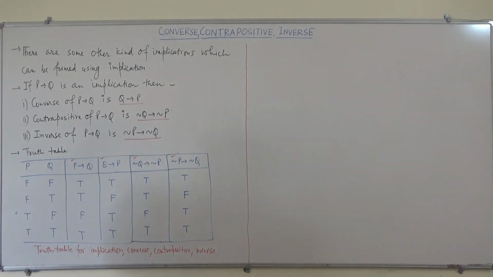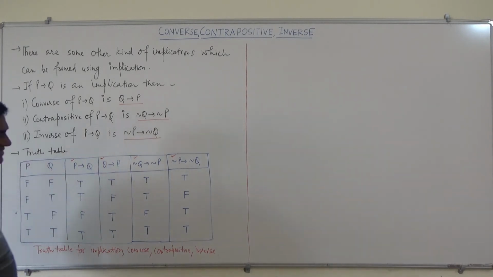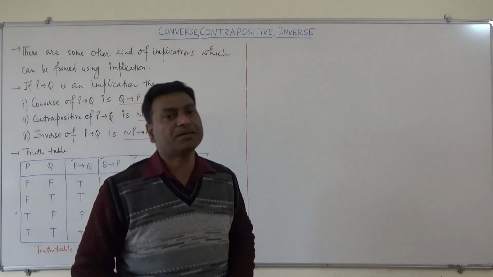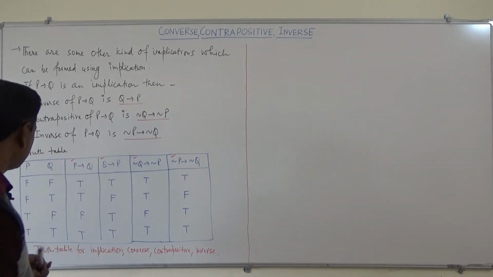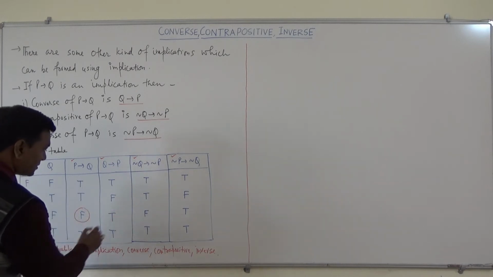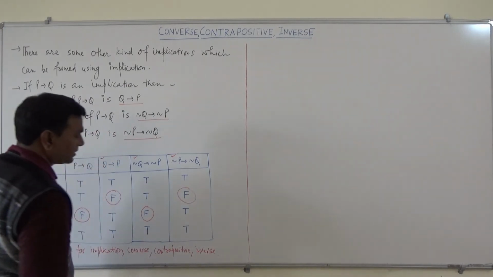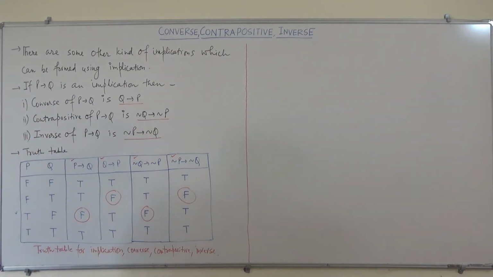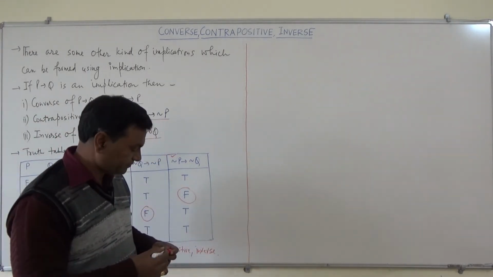We can see from this table that it is false in one condition, when the promise is broken, which we have already seen in the conditional statement. Here it is false, here it is false, here it is false, here it is false. Now we will see an example.